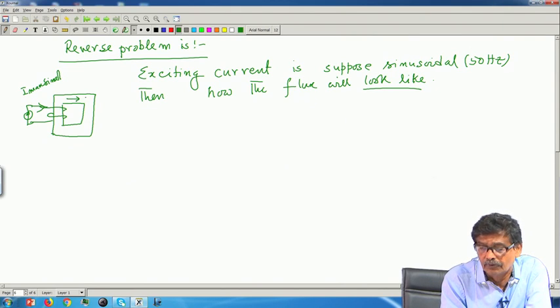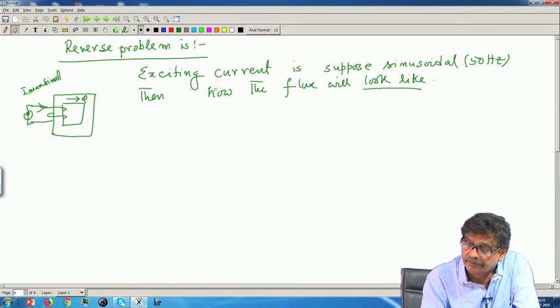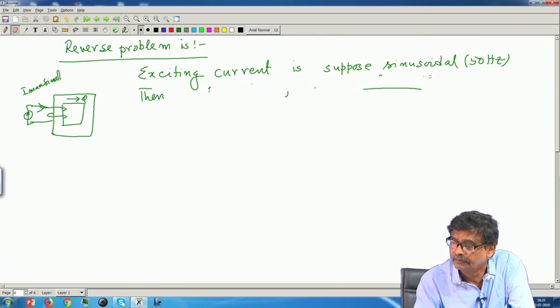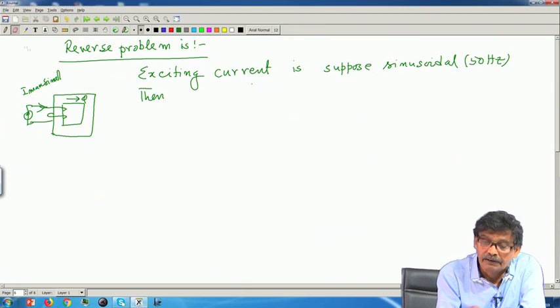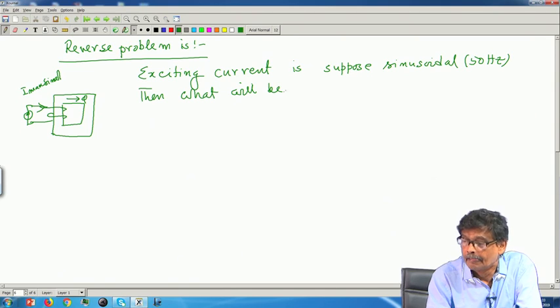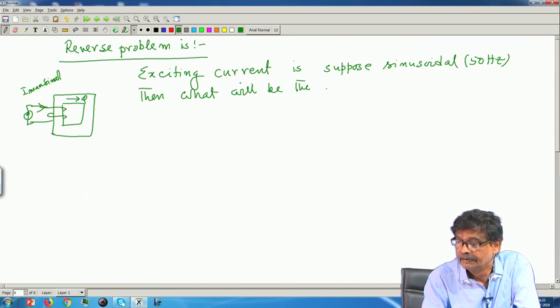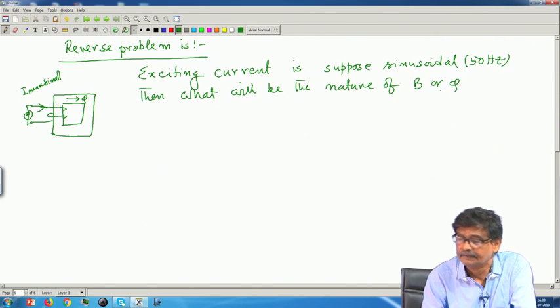I want to know what will be the nature of the flux wave, the nature of B or phi.